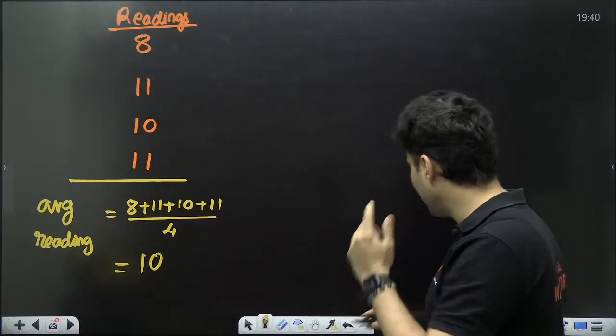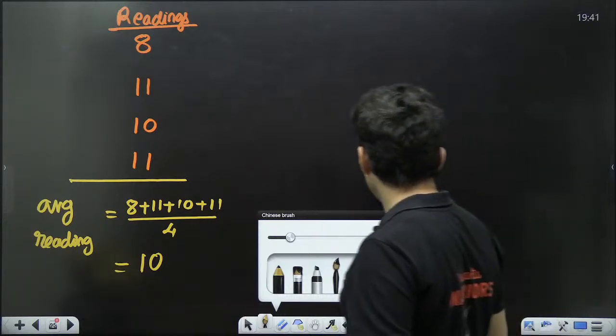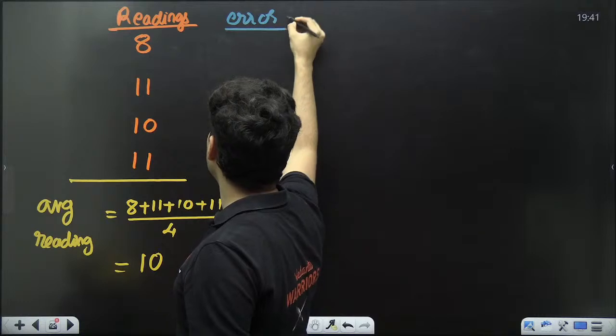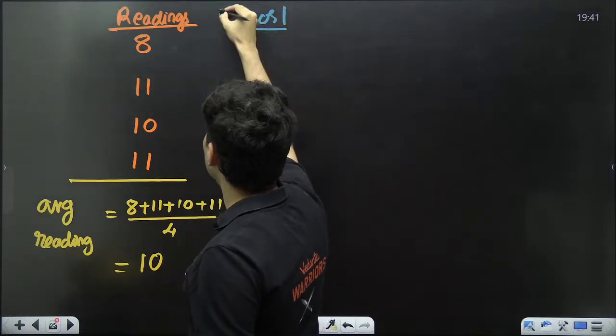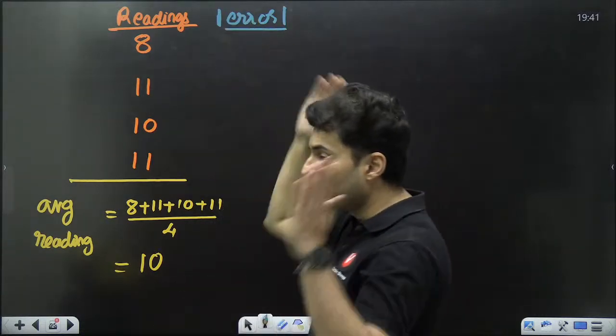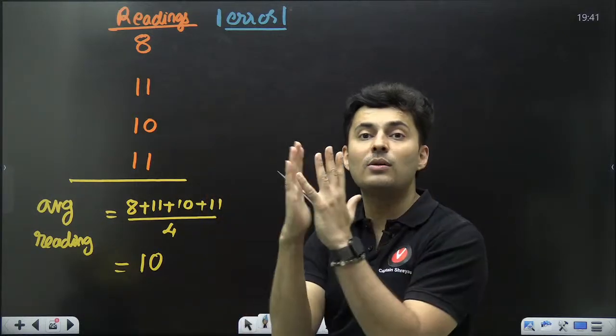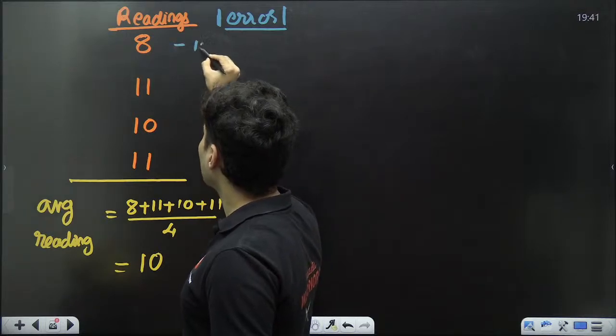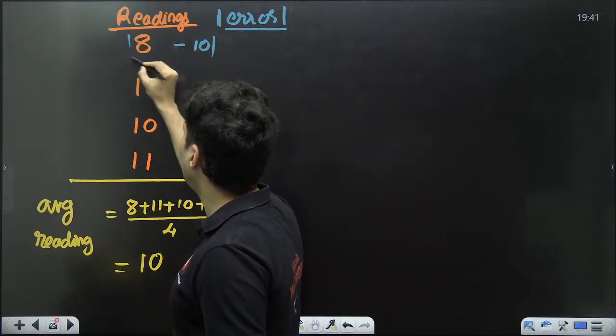So what you will do over here is find the errors in the readings, the absolute errors. This modulus means the absolute value of the error. So 8 minus 10, if I take the mod value of it, how much is it?